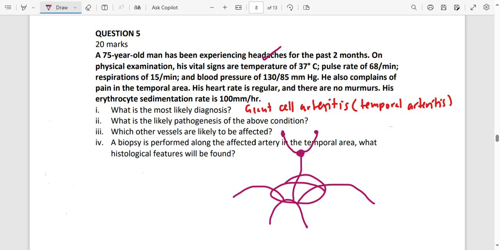There is a hand, please go on. Anyone that can mention another artery would be even better. Yes, please.